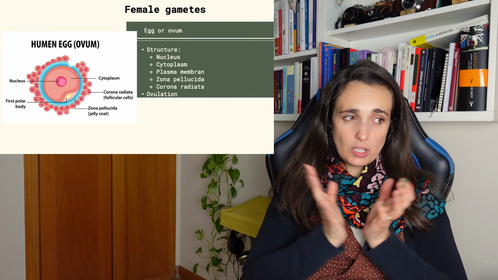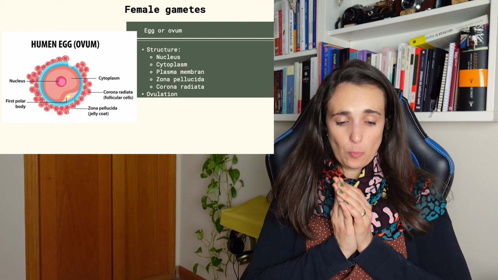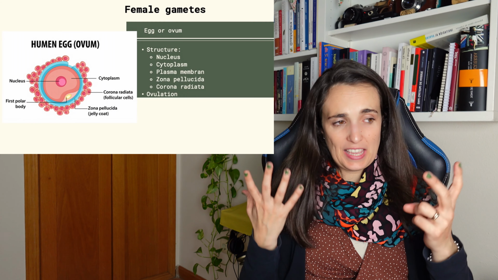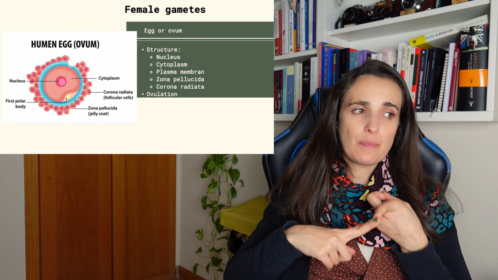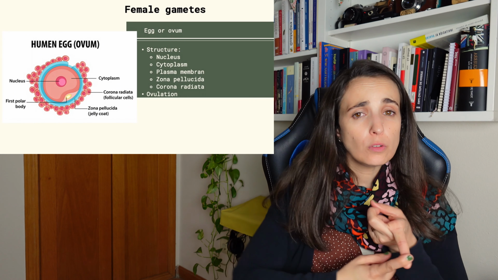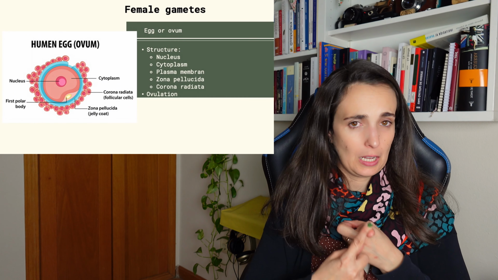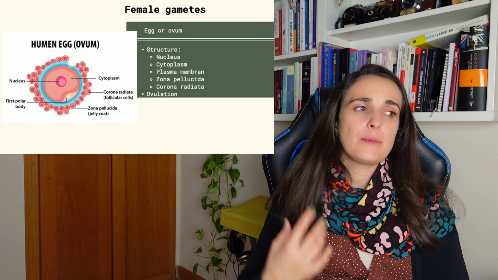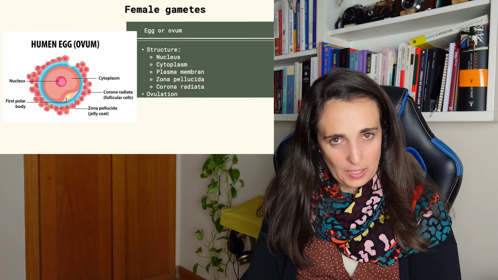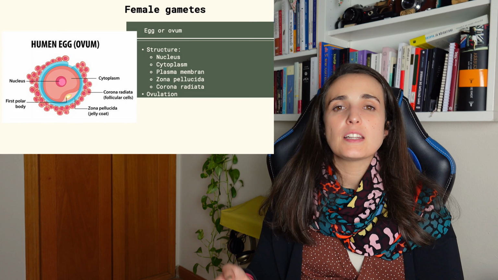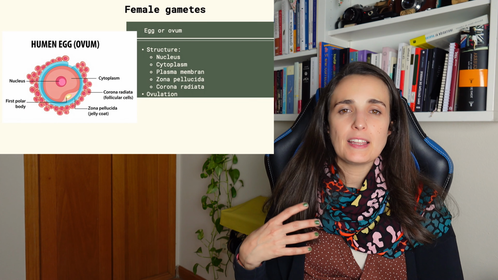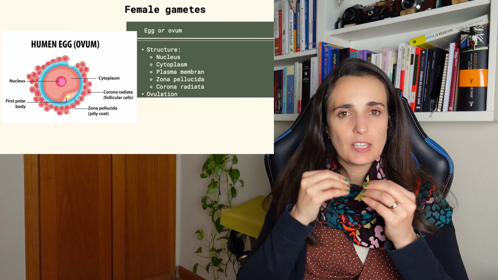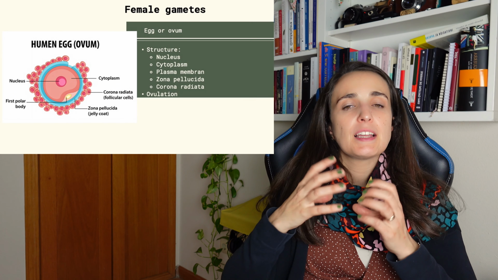And around this complex we have two other layers. We call them the zona pellucida, pellucid zone. They use the name in Latin. And around still the corona radiata, also in Latin. Okay, which are two layers that will be involved in the connection between the sperm and the ovule.